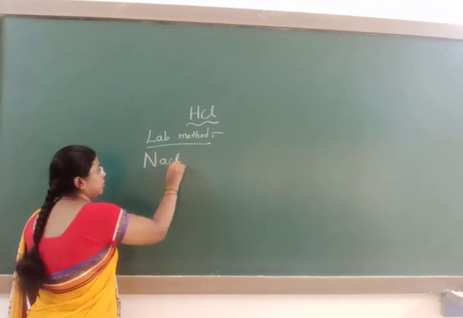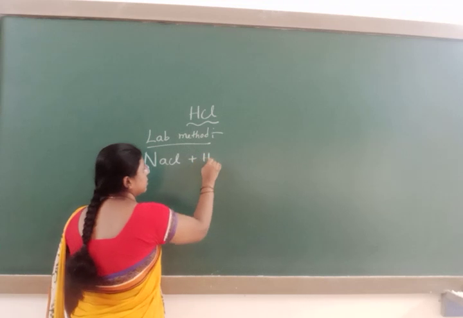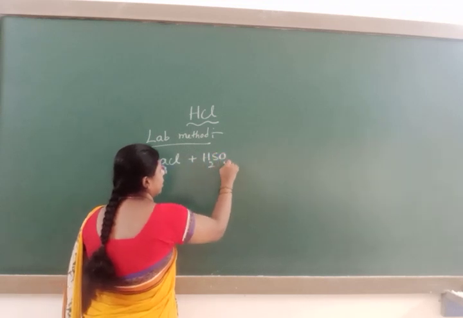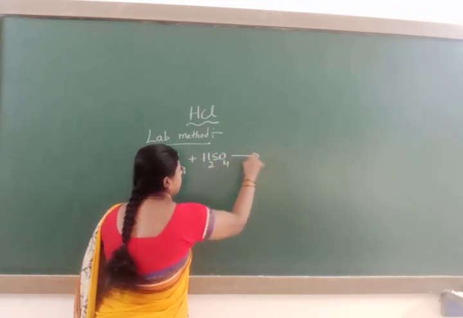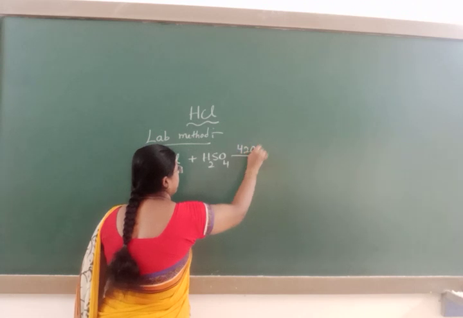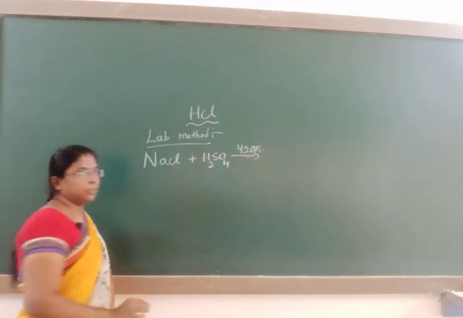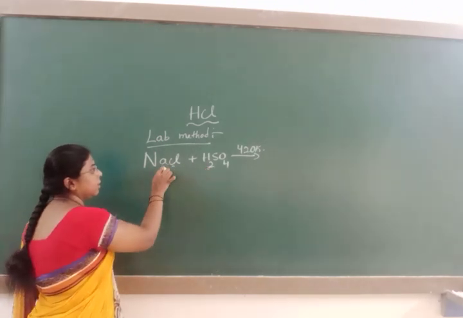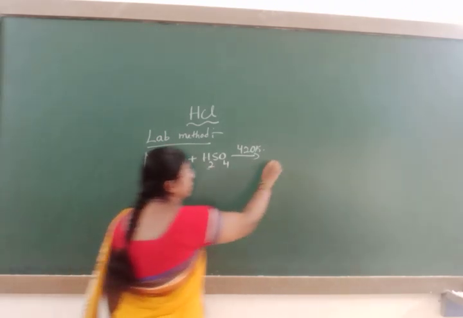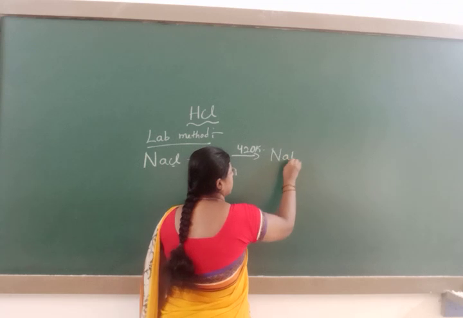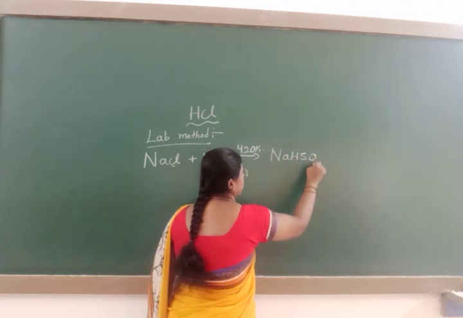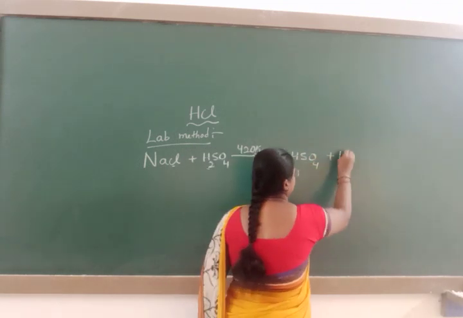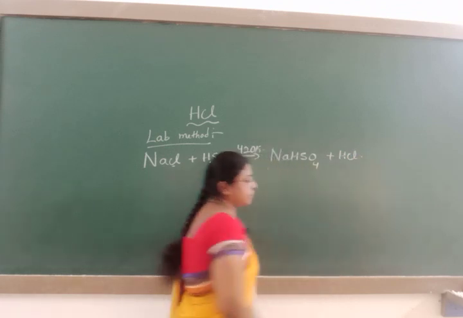Sodium chloride, when it reacts with concentrated sulfuric acid at 420 Kelvin, we get HCl along with NaHSO4. NaHSO4 is known as sodium hydrogen sulfate, along with that we get HCl.